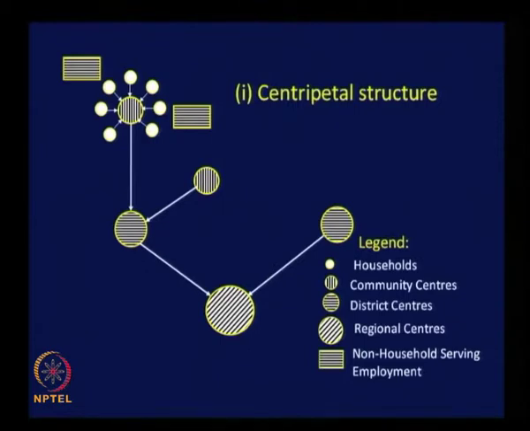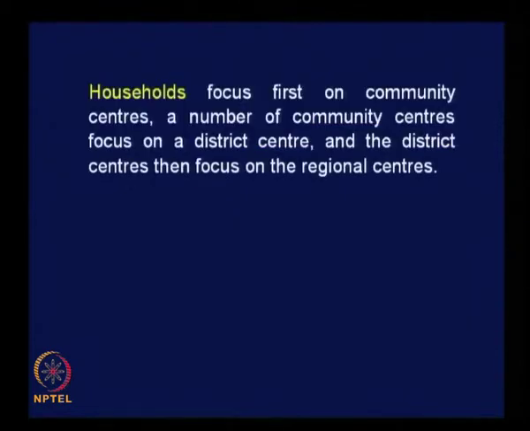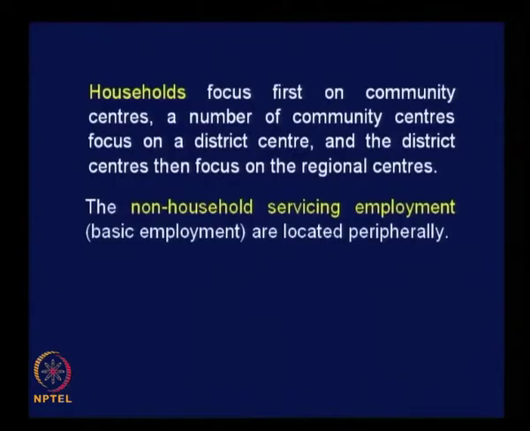Let us list the same information in a systematic way. Here households focus first on community centers, a number of community centers focus on a district center and the district centers then focus on regional centers. So, that is to be understood very clearly as far as this particular structure is concerned. Then the non-household serving employment or basic employment are located peripherally with facility for direct access from households.